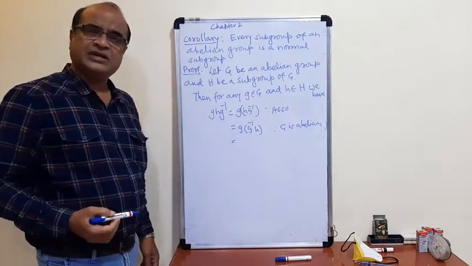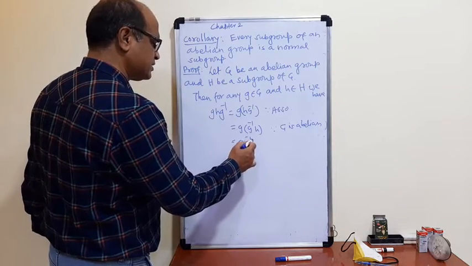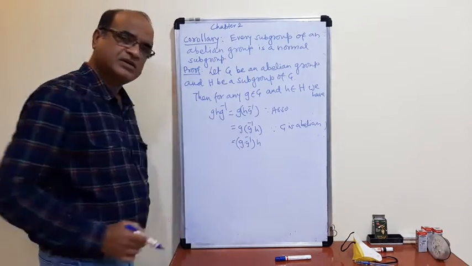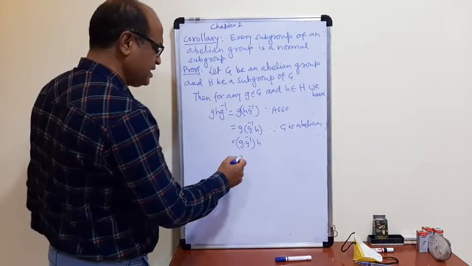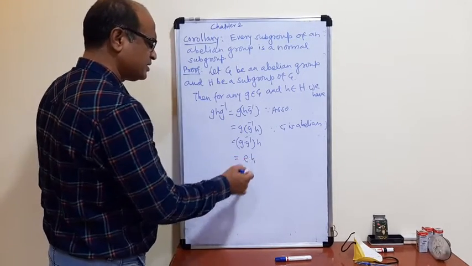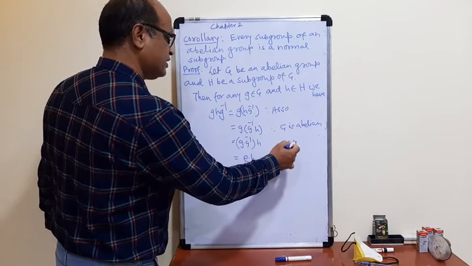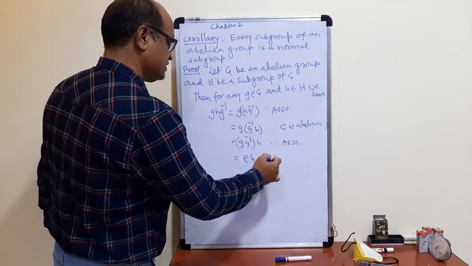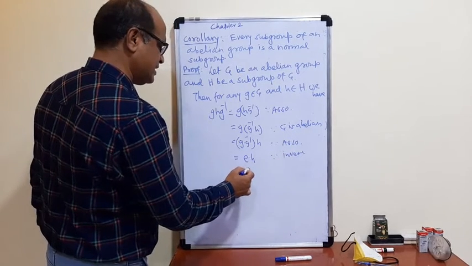Again using the associative property, this can be written as g g inverse times h, which equals e times h. This uses the inverse property and then the identity.